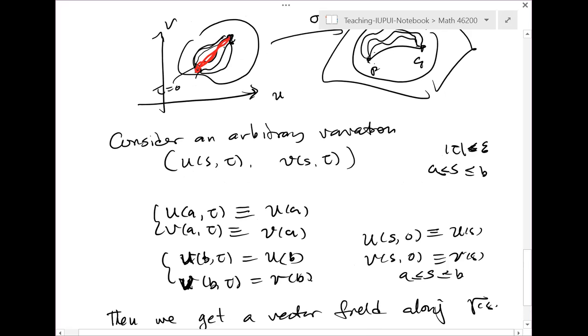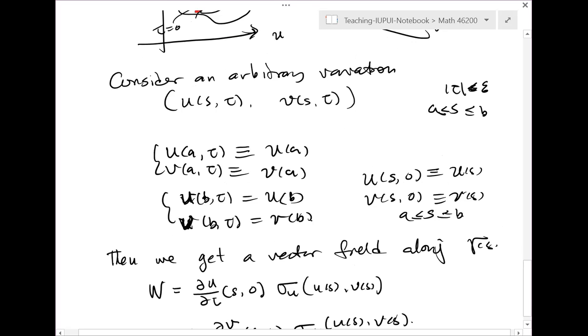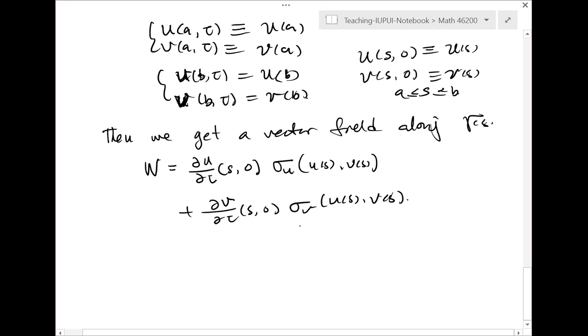When tau is not equal to 0, you have other curves from the same point to the same point. So this is a vector field along the curve, the variation field, and when s equals a, it is 0, and when s equals b, it is 0.